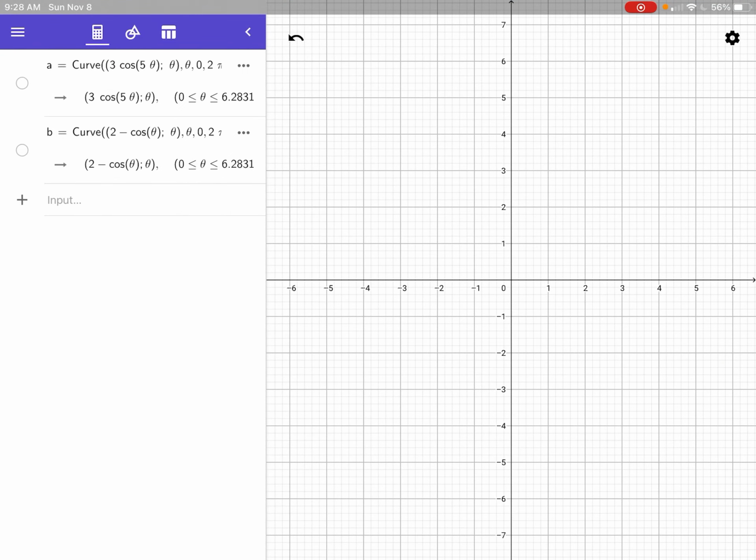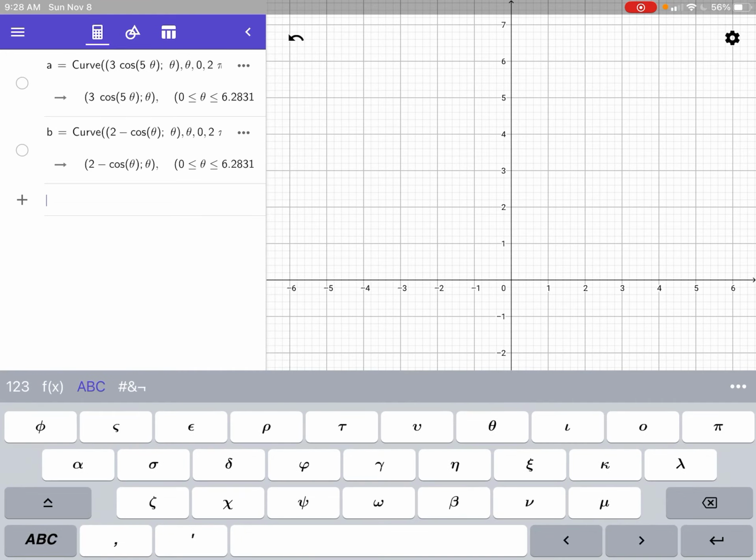All right, I have a couple that I typed just to save some time, but don't worry, you don't need to memorize how to type that, a equals curve 3 cosine 5 theta, whatever all that stuff is. Let's do the one we were just doing, right? 3 sine theta. And what it does is it generates all that for us.